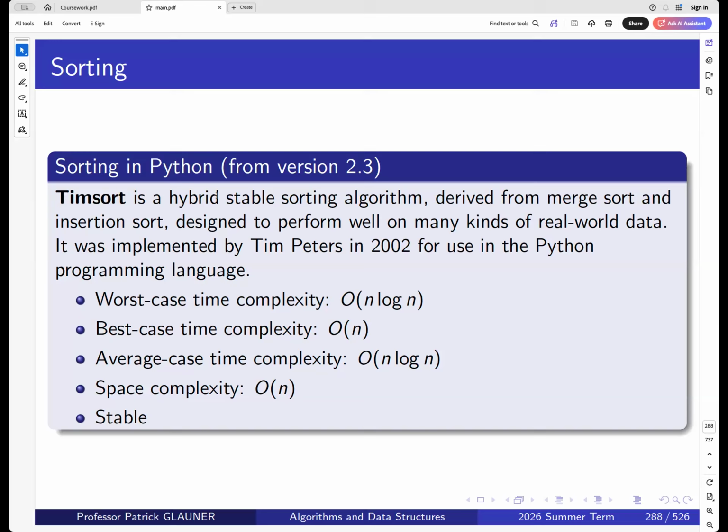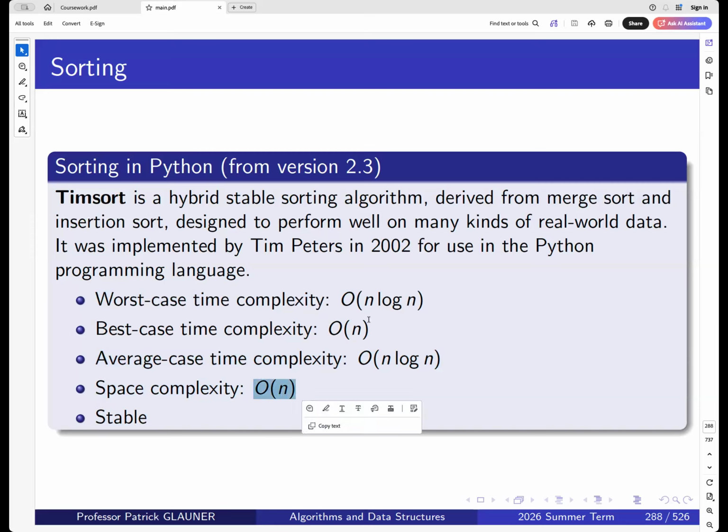And what is in there, or what was in there, say from version 2.3 on, was an algorithm called timsort. It was implemented by Tim Peters in 2002 for the Python programming language. And it's derived from a merge sort combined with an insertion sort, and that was designed to perform well on many kinds of real-world data sets. And the worst case was O of n log n, the average O of n log n. It's stable.